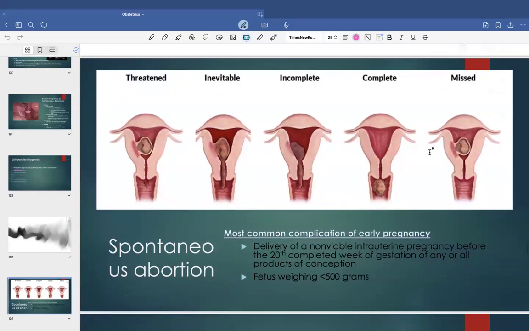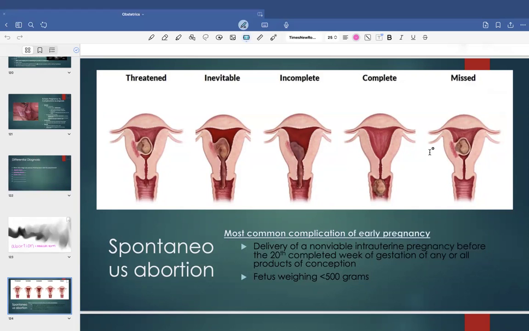We're gonna talk about some different types of spontaneous abortions: threatened, inevitable, incomplete, complete, and missed. The most common complication of early pregnancy is spontaneous abortion.